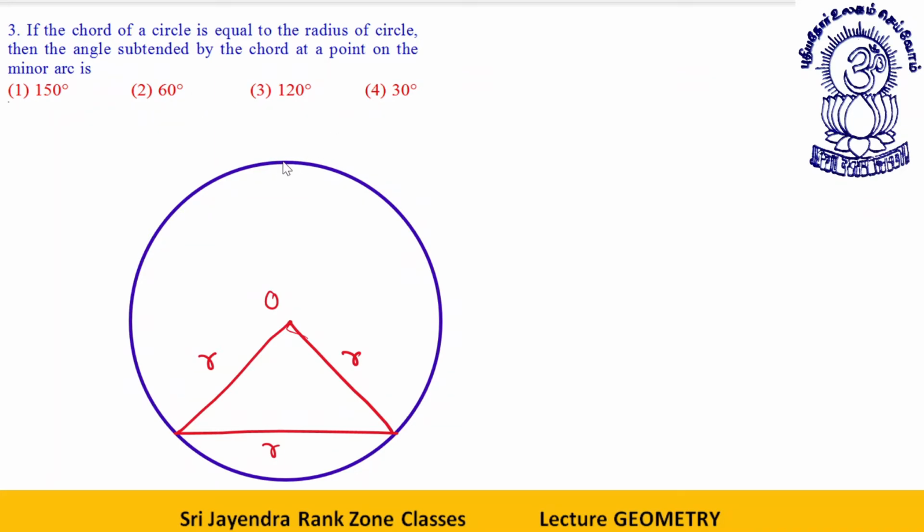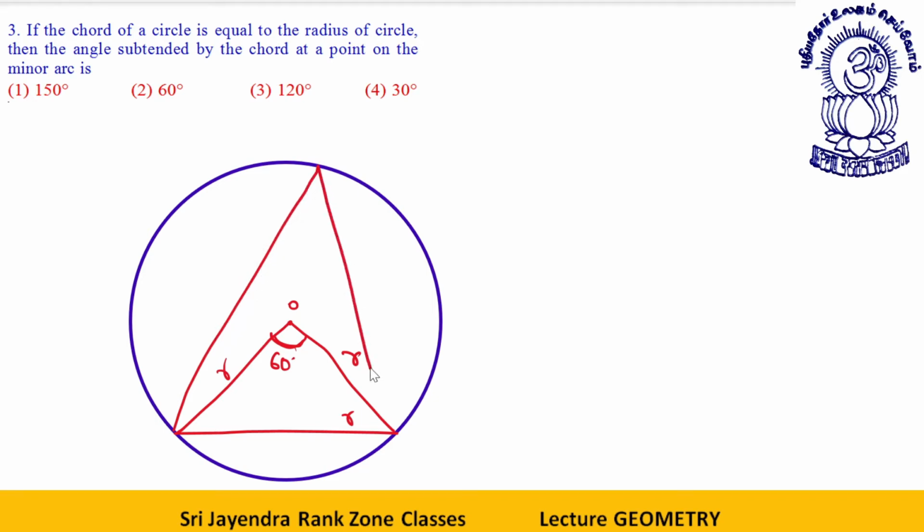This is a good question now. So the angle subtended at the minor arc. First of all, this angle will be how much? 60 degree. Why? Because this is an equilateral triangle. Next, what will be the angle subtended by this particular chord at any point on the major segment?